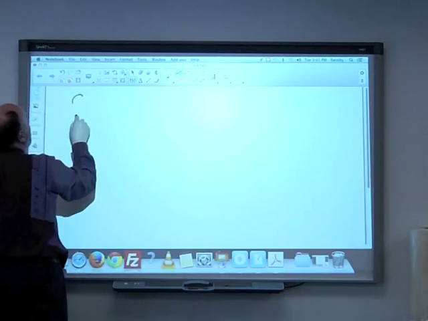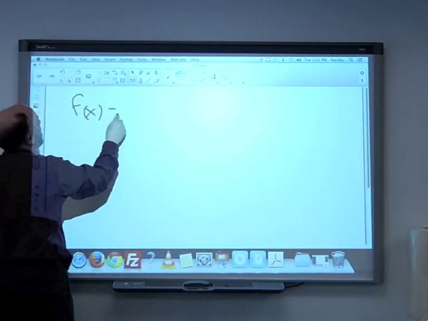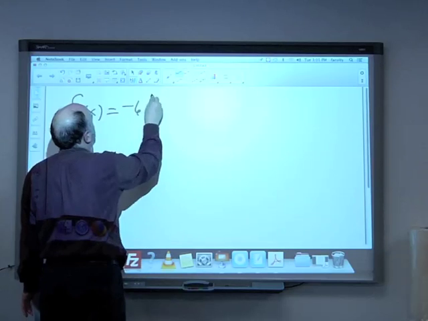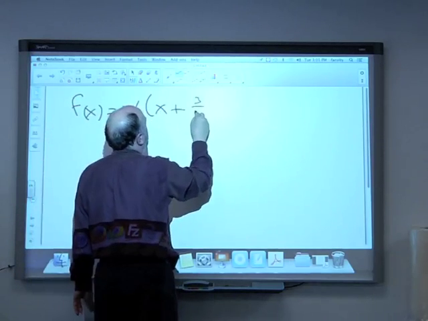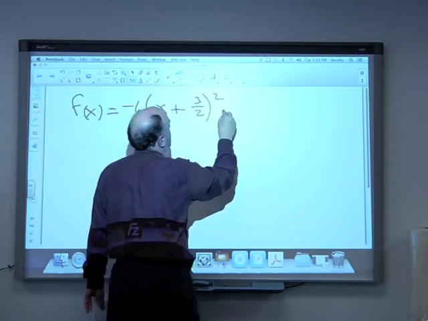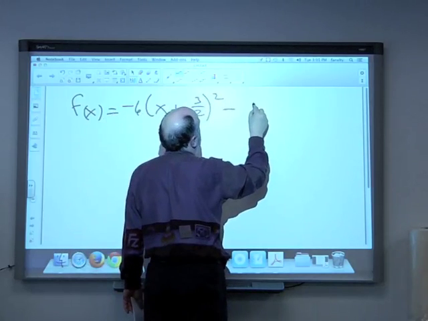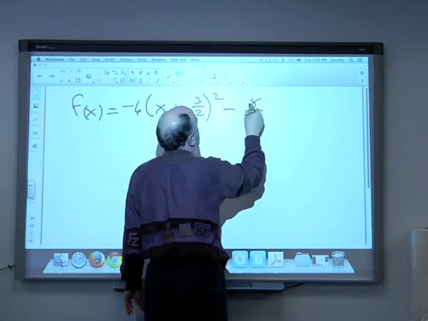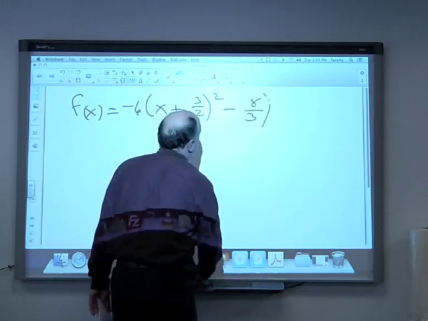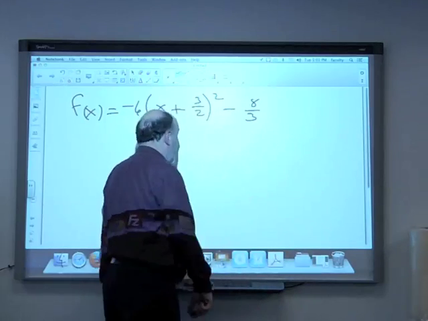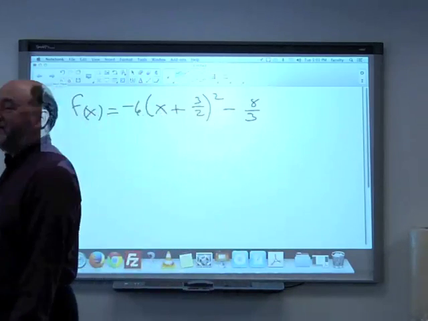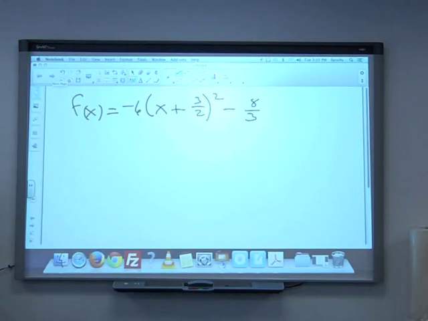So, Billy, if I gave you something like this, I give you that equation. And I asked in the question, what are the coordinates of the vertex point?